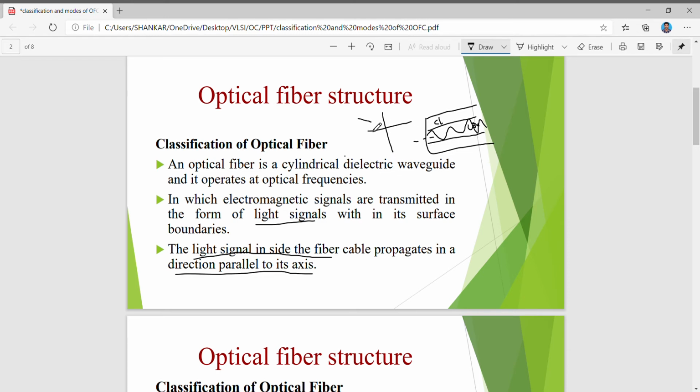Suppose you incident the light signal here. The incident light signal will propagate in the direction which is parallel to the axis. Suppose this is the axis of the fiber.